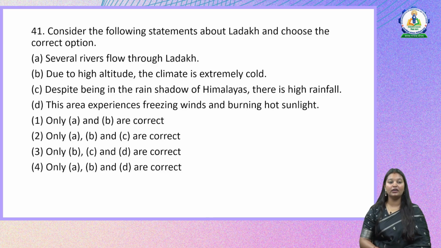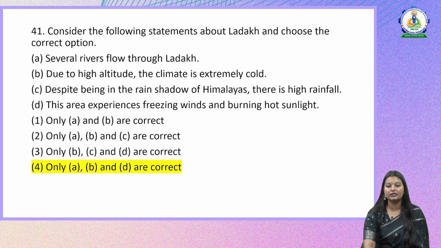So if you look at all of these statements that are in front of us and try to recall what kind of physiographic division Ladakh comes under and what are the basic characteristics of the weather conditions there or the climatic conditions there, the right answer here would be option 4. A, B and D statements are correct, but C statement is not true. So let us move on to the next question.